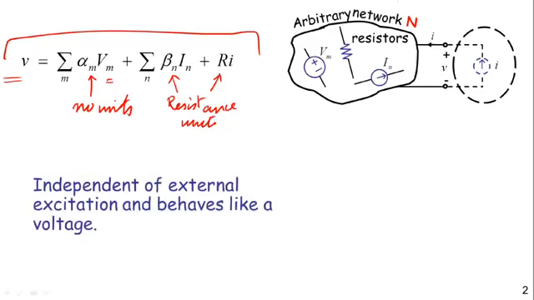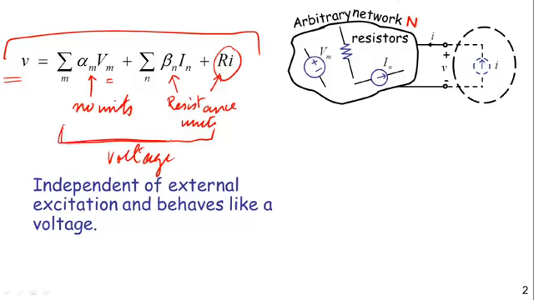Notice that if you look at the VN related term and the IN related term, together they are independent of the external excitation, and they behave like a voltage. Similarly, the right-hand term, RI, is a resistance multiplied by a current, and of course that also has voltage units.